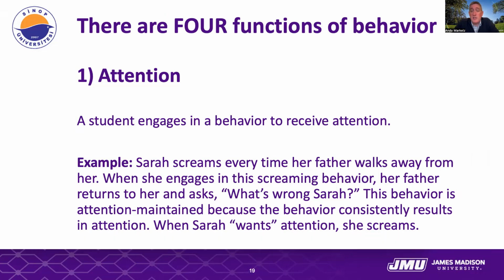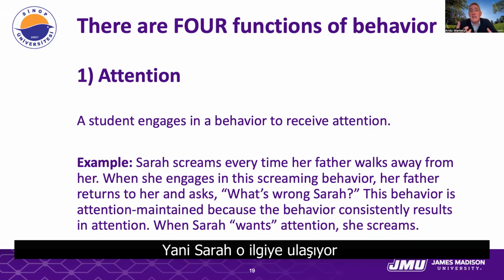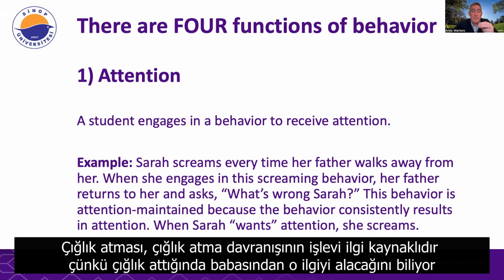When Sarah wants attention from her father, she screams. So her father is walking away, Sarah screams, her dad comes back and says, "What's wrong?" So Sarah is getting that attention. The screaming behavior is attention maintained because she knows that when she screams, she's going to get that attention from her father.